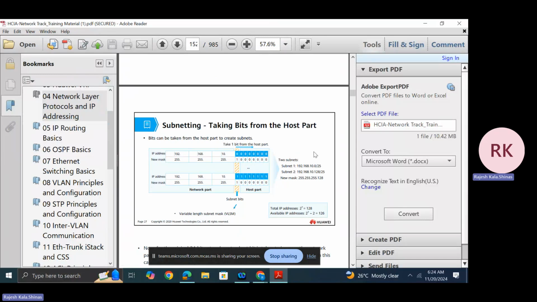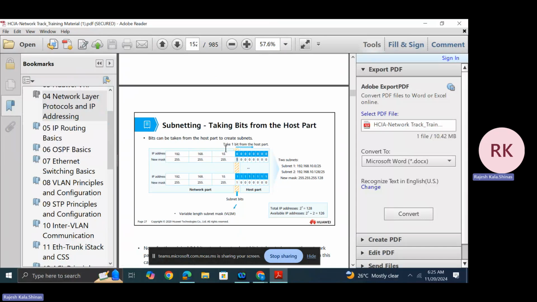How many bits do we need to take to get two subnets? I want to borrow only one bit from the host part for the network. Then the decimal value of this part will be 128, that means the magic number is 128.